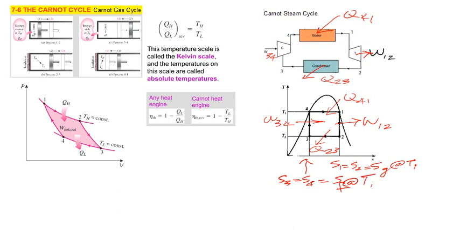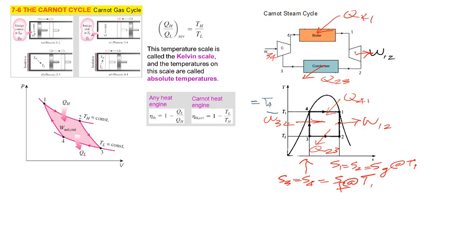Remember that in this case, from 4 to 1 the fluid goes from saturated liquid up to saturated vapor. Therefore, T1 is equal to T4.